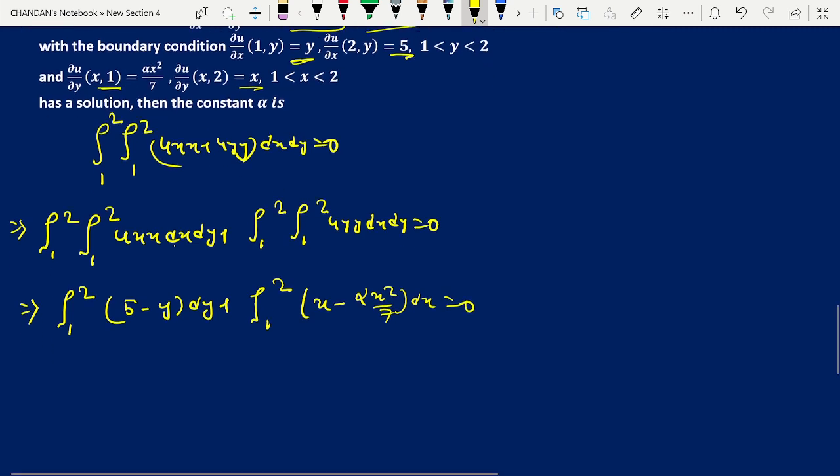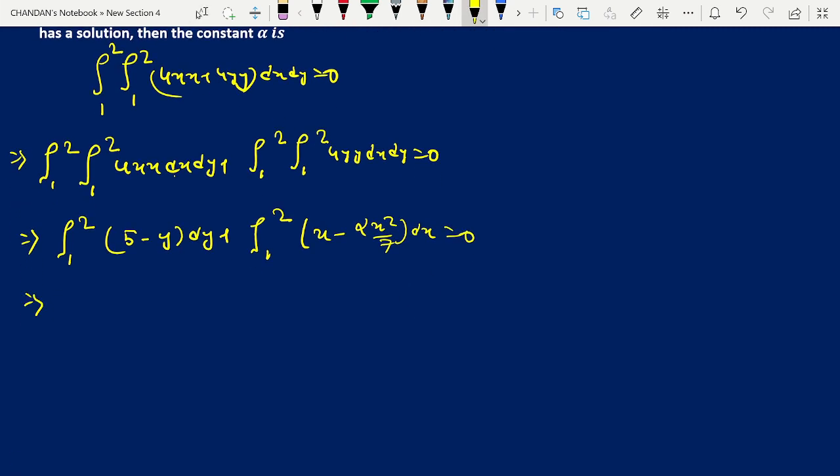Now we solve, then we get the solution. We get 5y minus y squared by 2 from 1 to 2, and also here x squared by 2 minus x cubed by 21 from 1 to 2 is equal to 0.